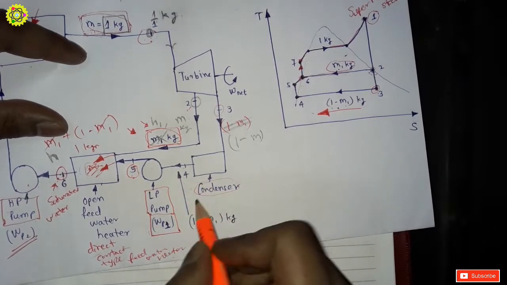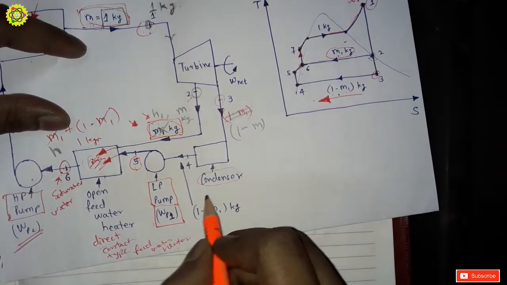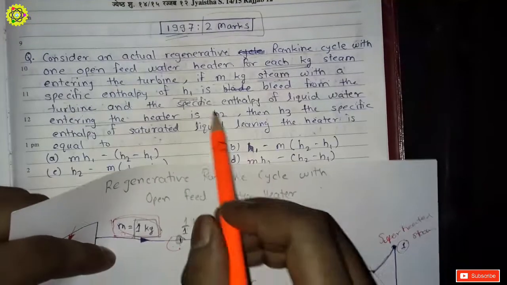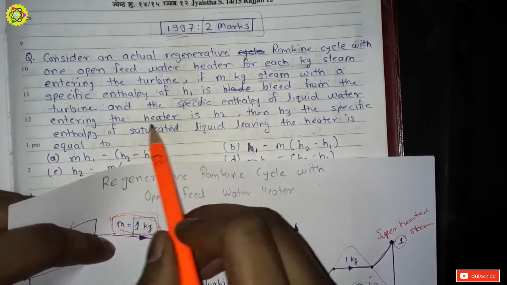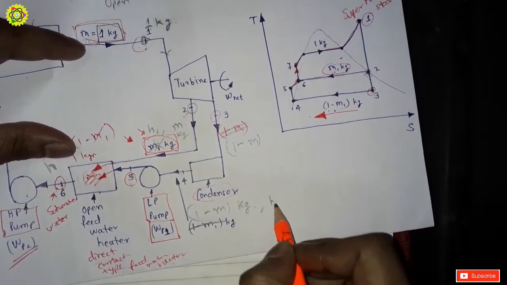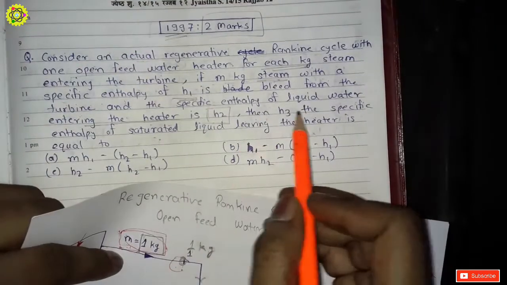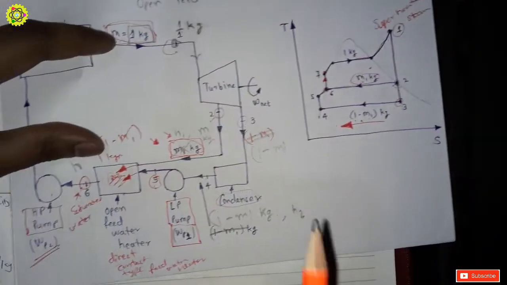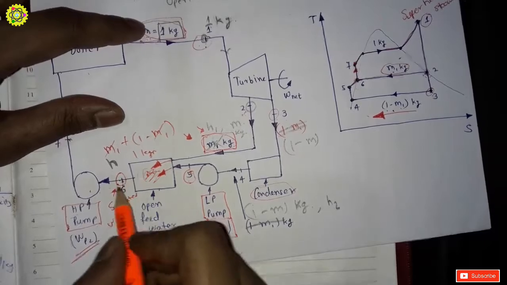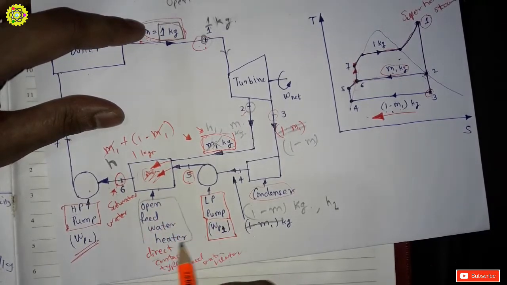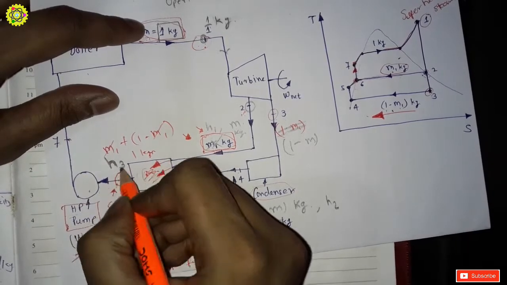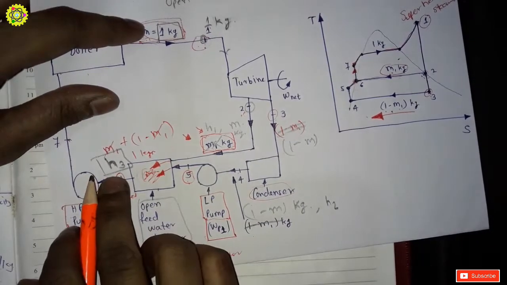Here also it is 1 minus m kg, and as per the question the specific enthalpy at this point is H2. Then H3 is the specific enthalpy of saturated liquid leaving the open feed water heater, and we have to find the formula for it.